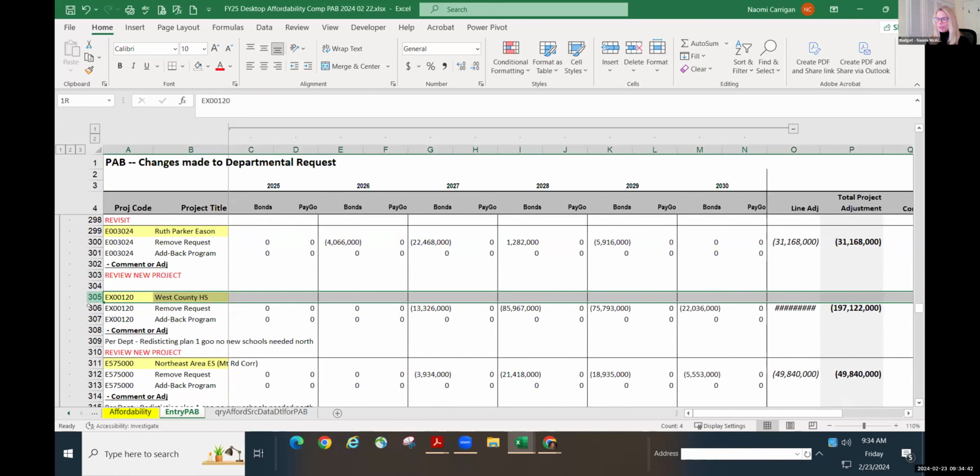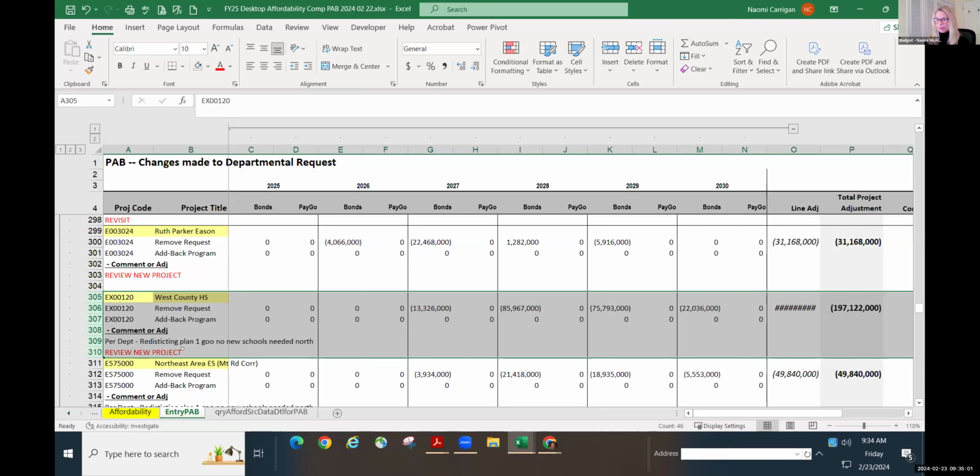The next one is a new capital project, West County High School, and they were requesting $197 million. If I recall correctly, because of the redistricting in phase 1, the comment was made that they didn't need any new schools north.